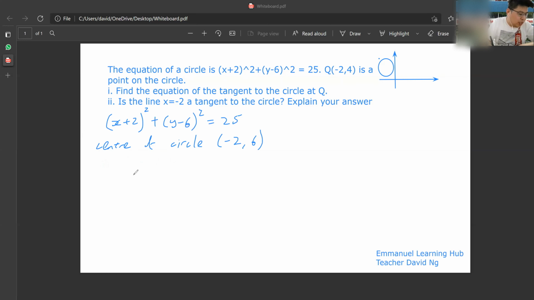Can you find the gradient of the radius CQ?